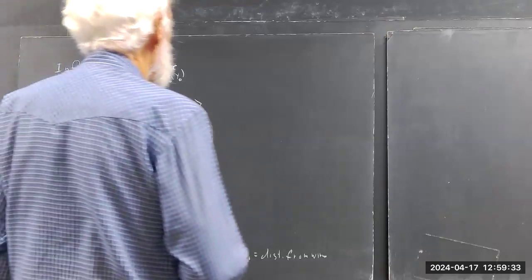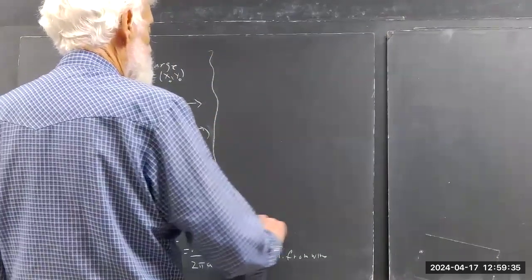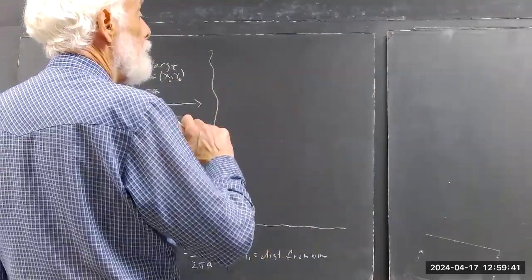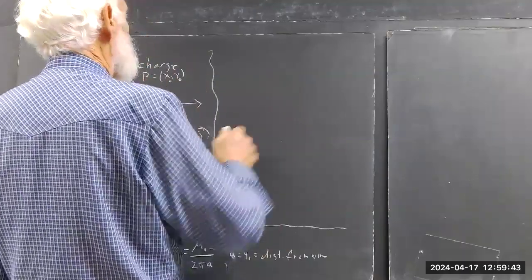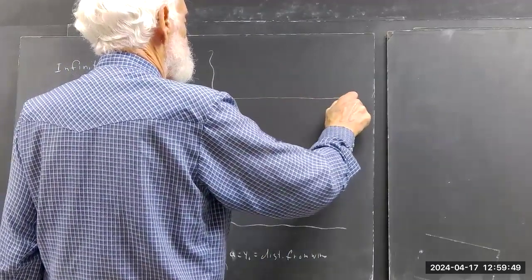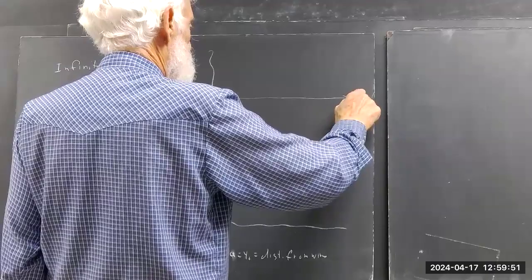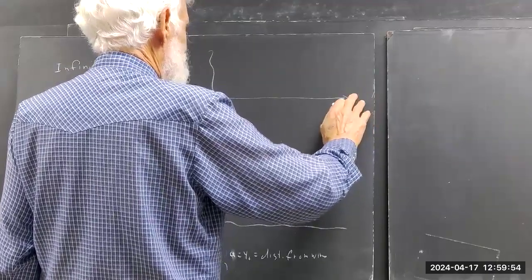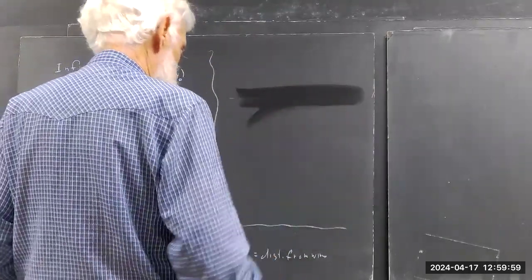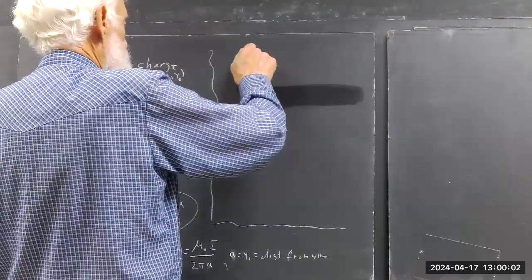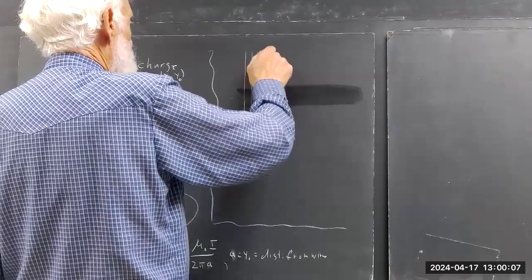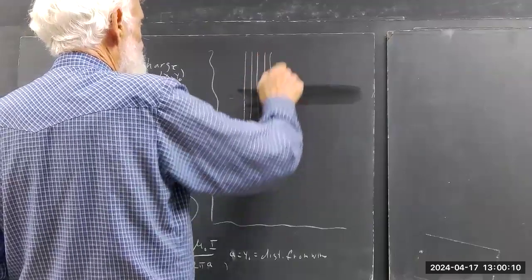Now, let's say you've got an infinite sheet of charge. Your text has this infinite sheet oriented in the y direction, something like that. Your text has a better picture of it.